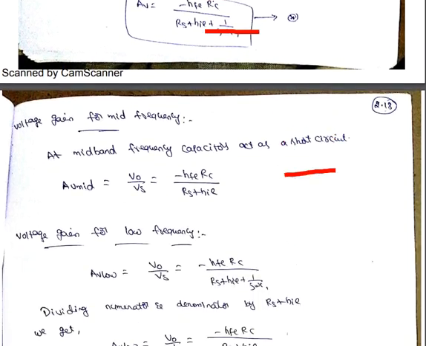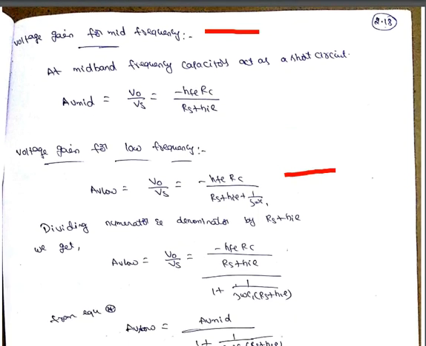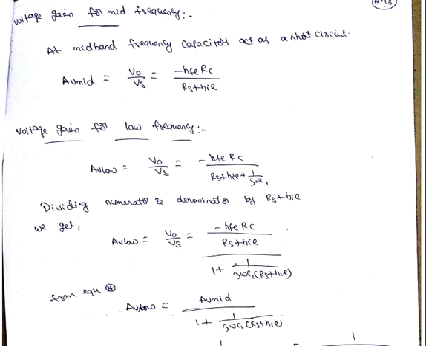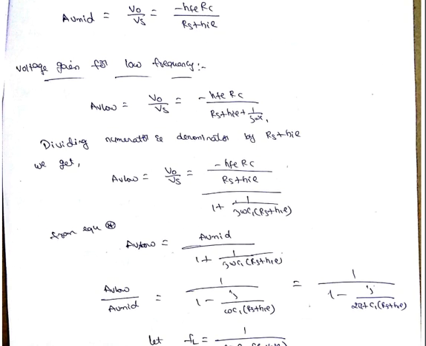First we calculate at mid frequency. At mid frequency, the coupling and bypass capacitors present in the circuit totally act like a short circuit. Therefore AV mid is equal to V0 by VS, equal to minus HFE RC by (RS plus HIE).